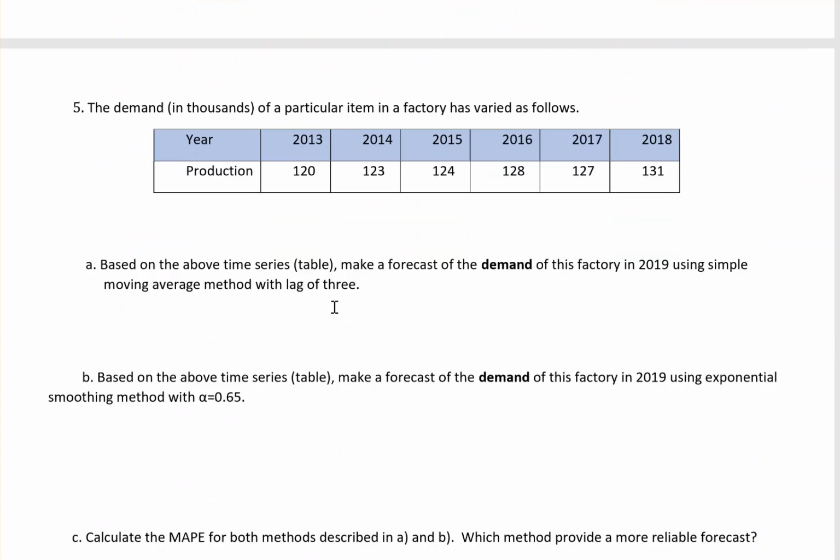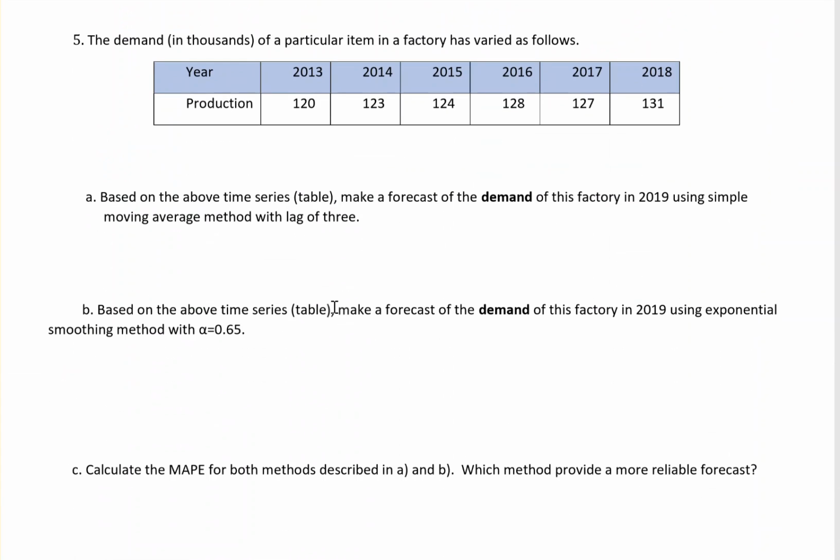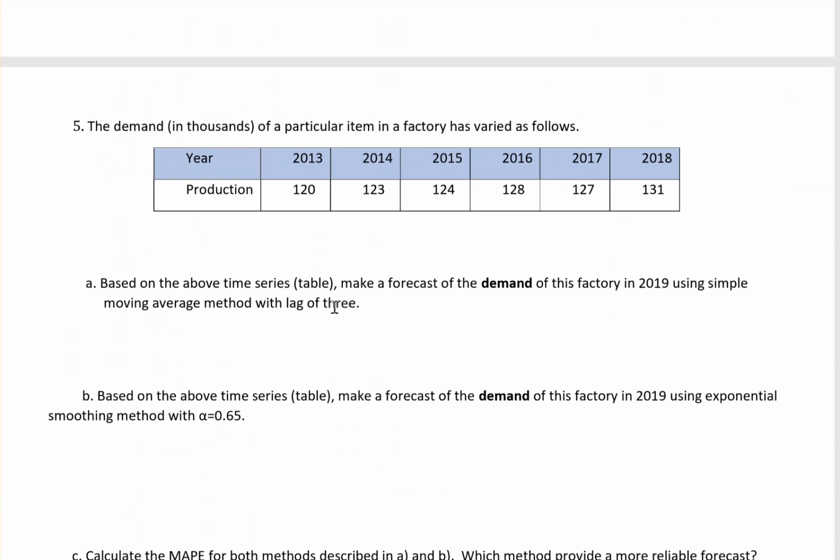All right, so let's continue to the next question. The demand in thousands of a particular item in the factory varies as follows. Of course, this is a similar question to what we did in the last in-class assignment, right?